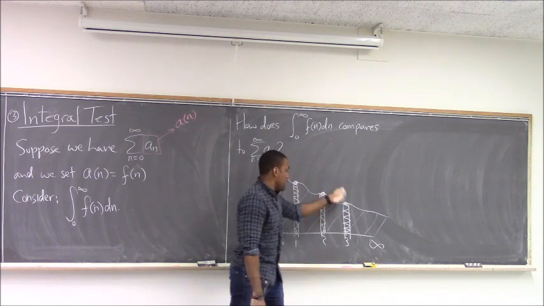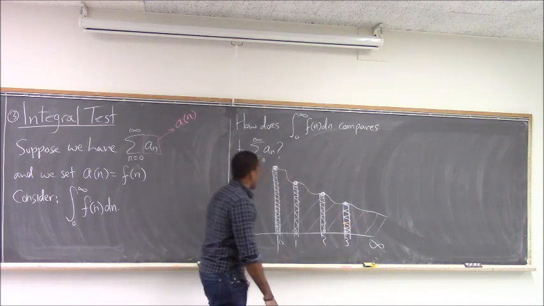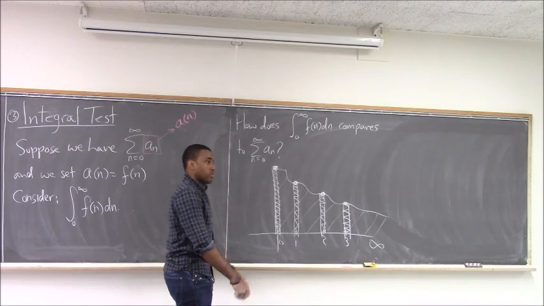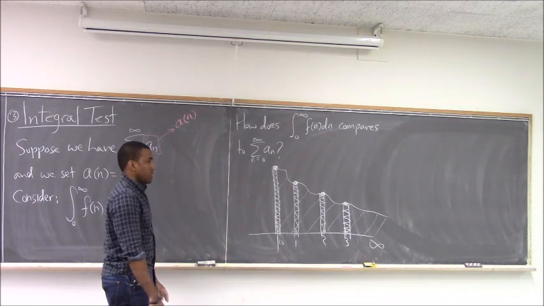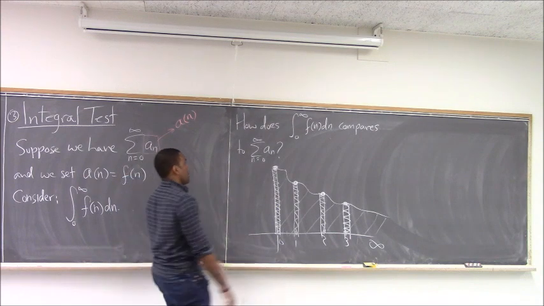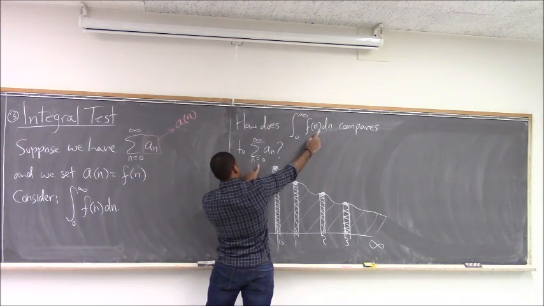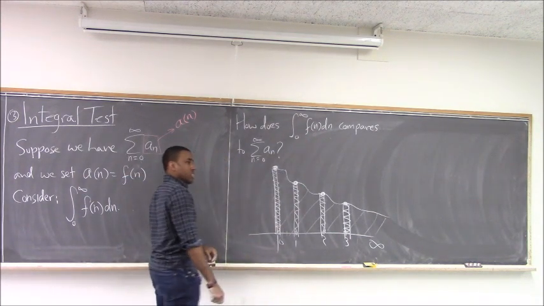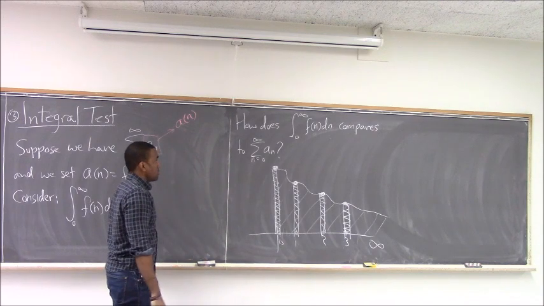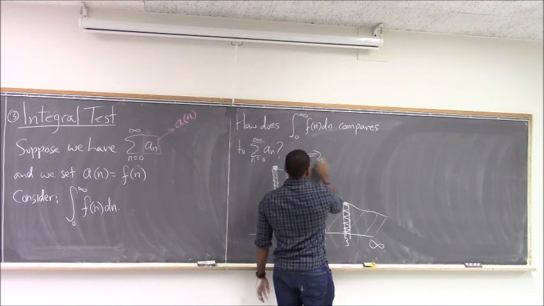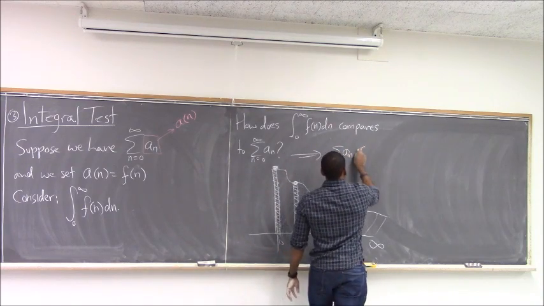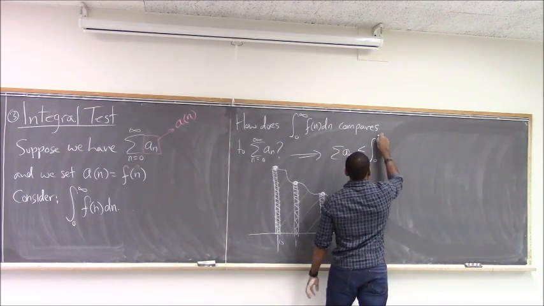It's finding a magnitude for each integer. How do you think these compare? If you were to compare these two, in general, what would you say? Could you say that the sum is less than or equal to the integral? This guy is less than or equal to that guy in general.